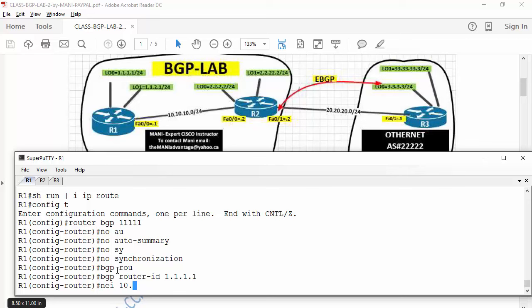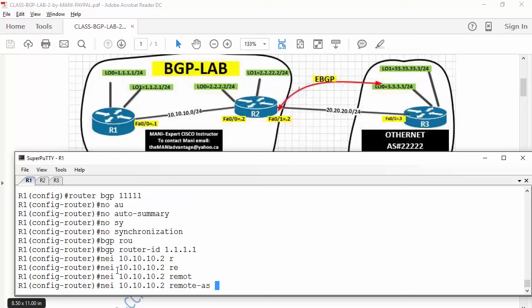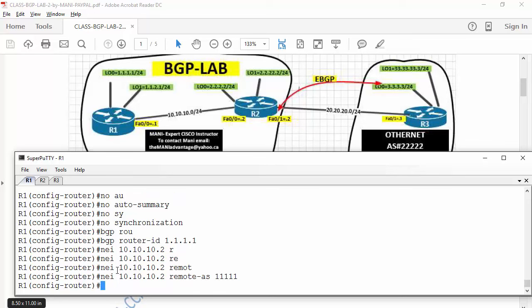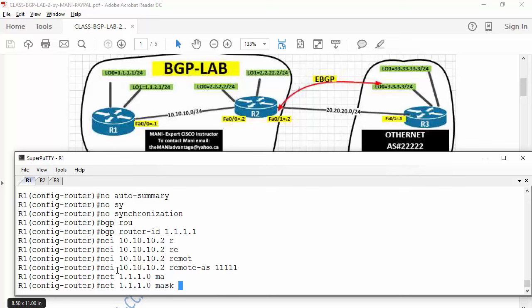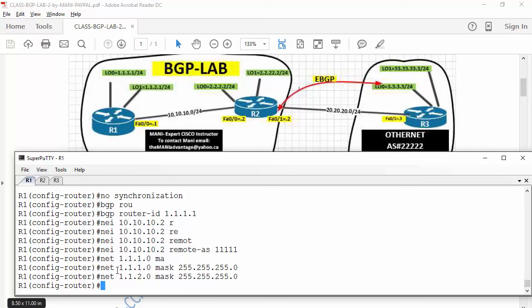And neighbor wise, there is only one neighbor, 10.10.10.2, remote AS 11111, and also network, there are two networks, 1.1.1.0 mask 255.255.255.0. Then my next neighbor is going to be 1.1.2. So I have these two configured, guys.